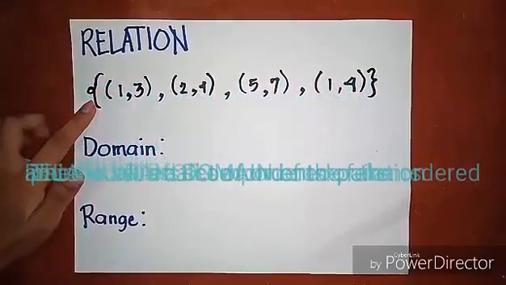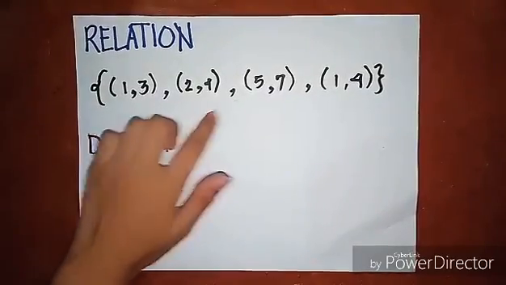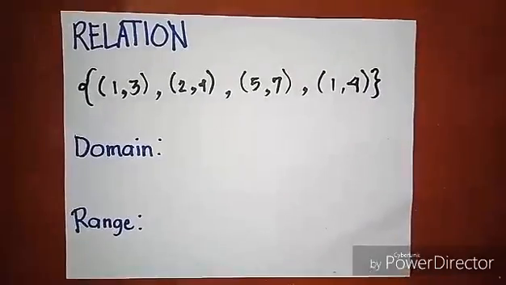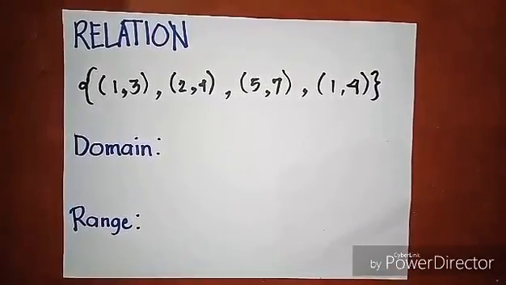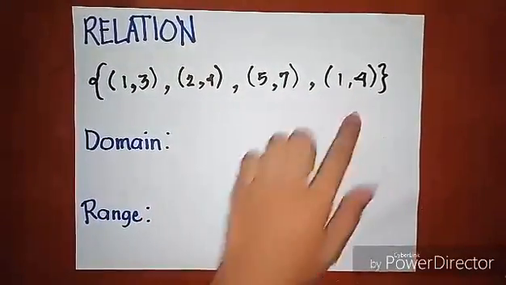This is an example of a relation: (1, 3), (2, 4), (5, 7), and (1, 4). The domain of the relation is a set of x values: 1, 2, 5, 1.